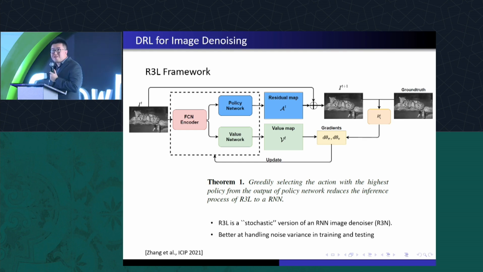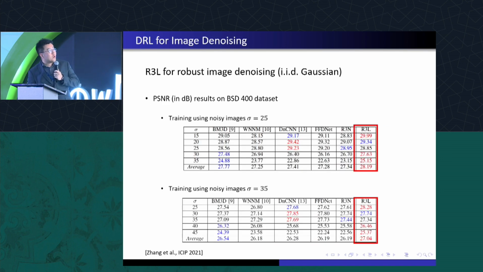And because the way you train them is different, they provide a kind of stochastic version of RNN and end up with various merits such as robustness, which later I'm going to show you in denoising in practice. So this is also very similar to the robustness I just mentioned, right? We're assuming that our training noise level is certain, say 25, but at testing time the sigma, or the noise level, can vary.